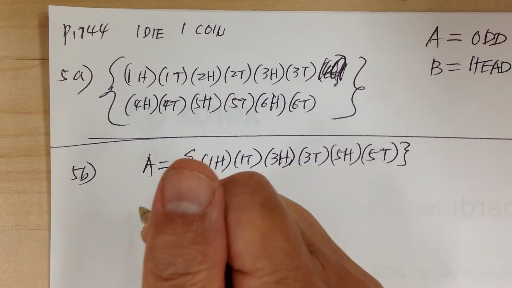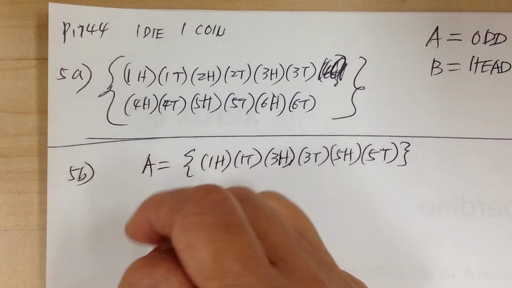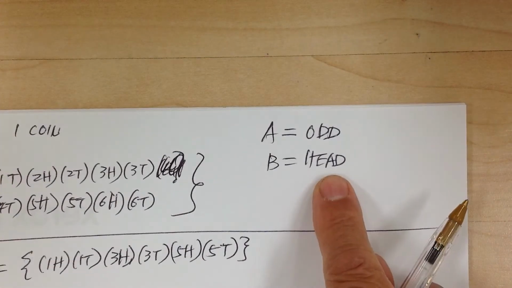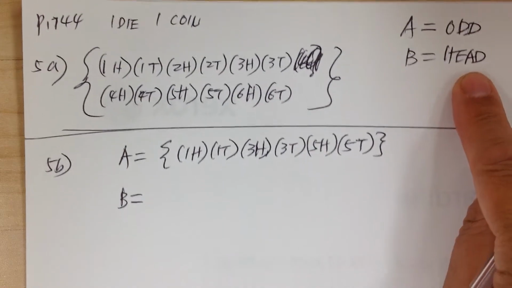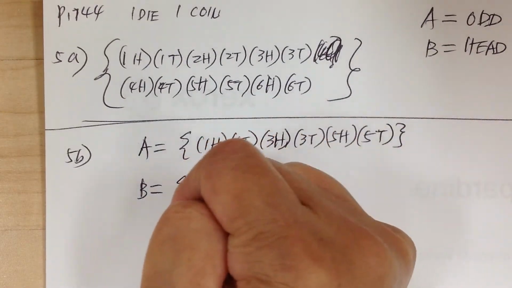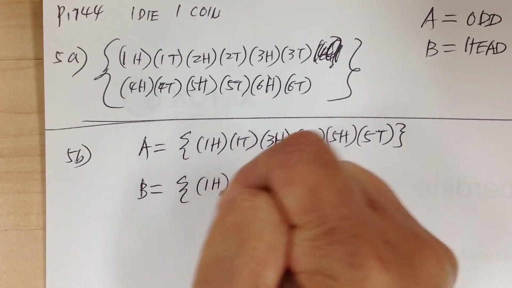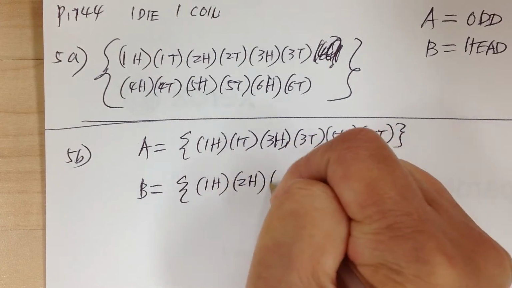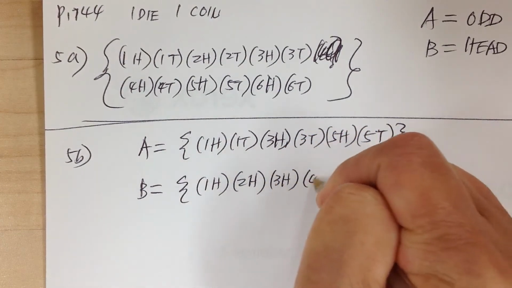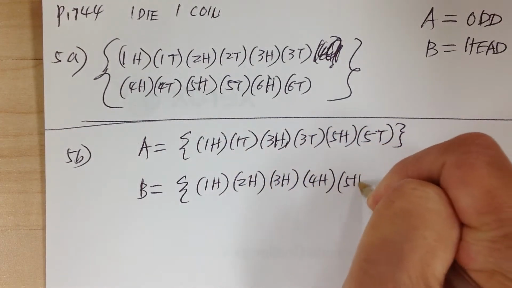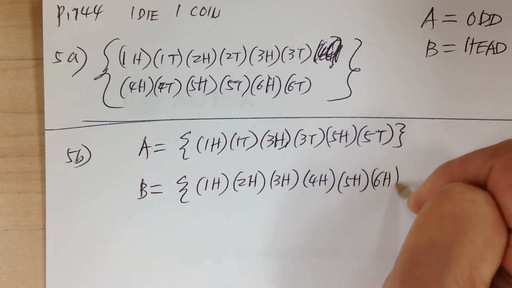And B is head, so you have to get all the heads. So you're going to get 1 head, 2 head, 3 head, 4 head, 5 head, 6 head.